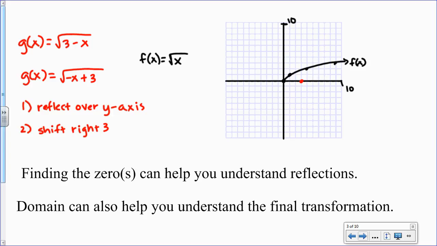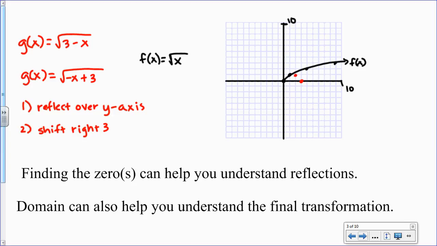Okay. Here, I reflect over the y, so I'm 1 unit away on the right. So if I reflect, that would put me 1 unit away on the left. And then from here, I go right 3. Okay, now let me do this point. I reflect, so I'm 4 units away on the right, I gotta go 4 units away on the left.